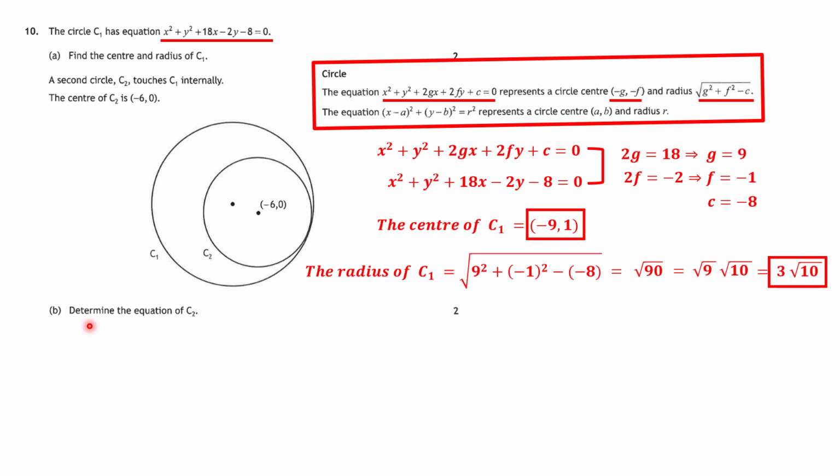Part B says determine the equation of C2. Now we know the centre of C2 is -6, 0. We need to find the radius.